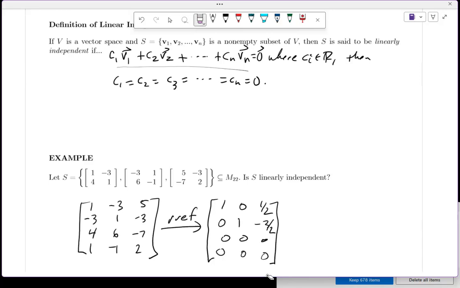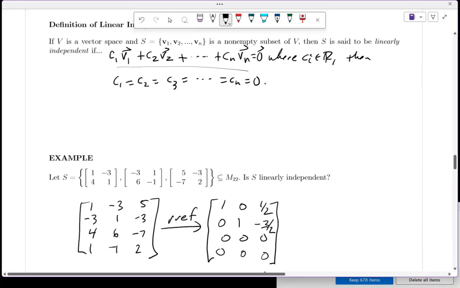Okay, cool. All right. So, is this linearly independent? Now, let's think about it. Linear independence, by definition, says there is exactly one way to write the zero vector, right? How many solutions does this system have? Infinitely many.